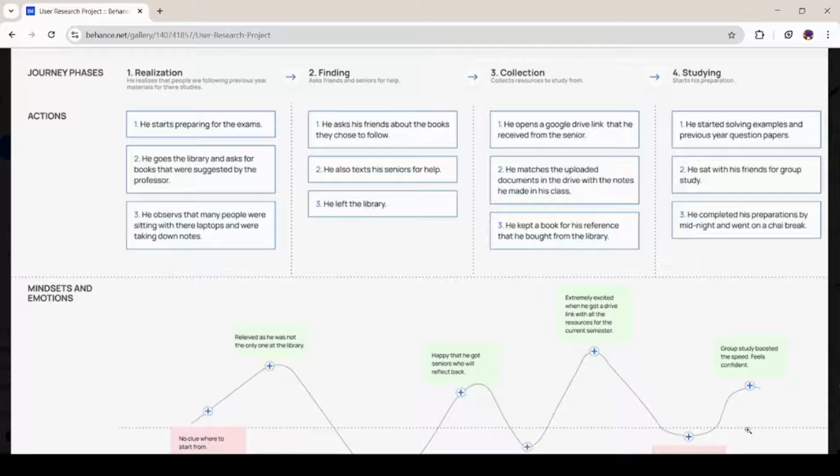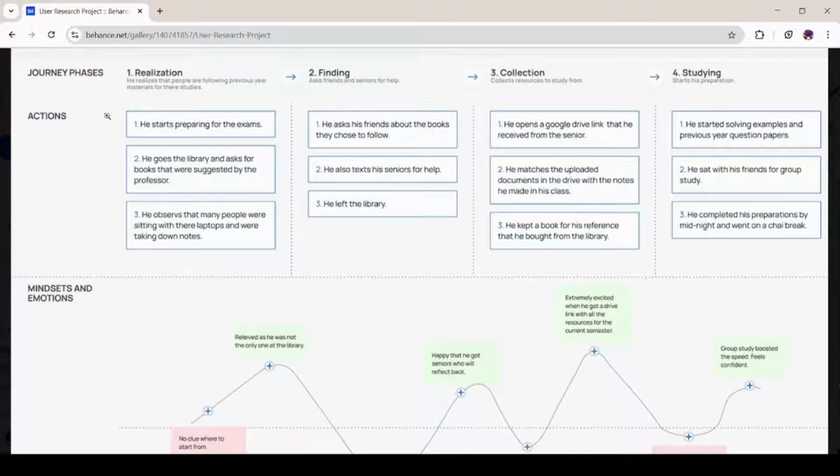And then you have journey phases, wherein there is a realization phase. In the realization phase, this person realizes that people are following some kind of resources. They are getting access to some kind of resources which they are following. And then there is a finding phase, where the person goes and asks.